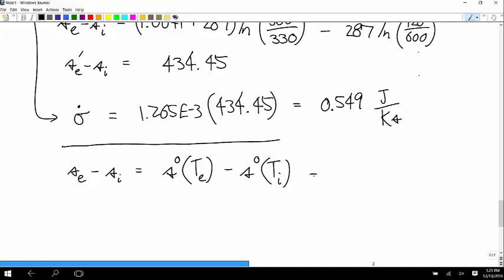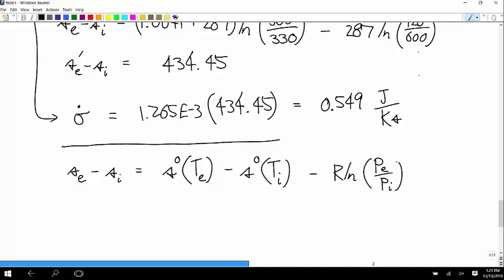And then what's the last term? R ln of what? P exit over P inlet. Okay.